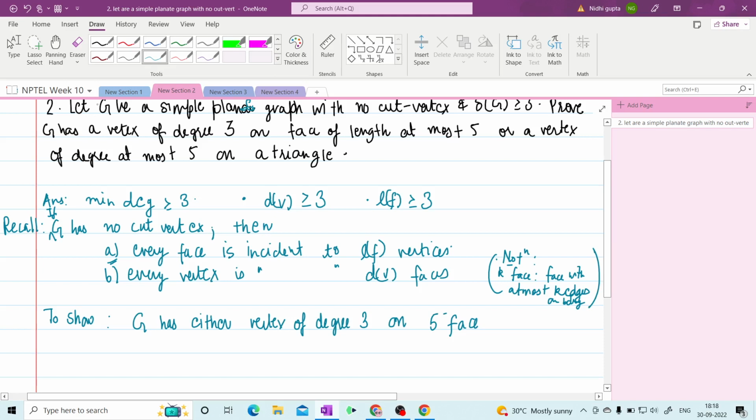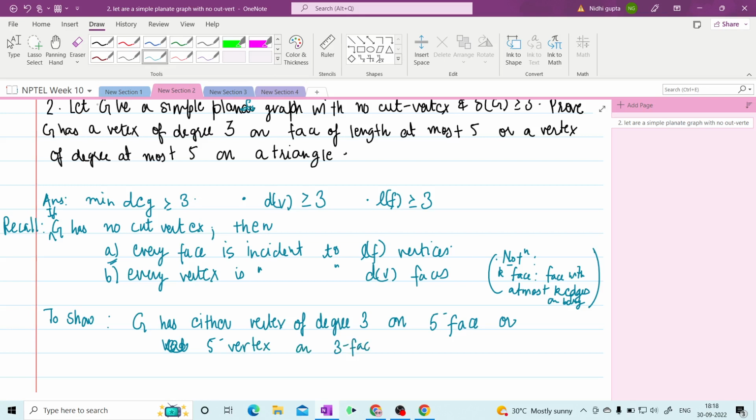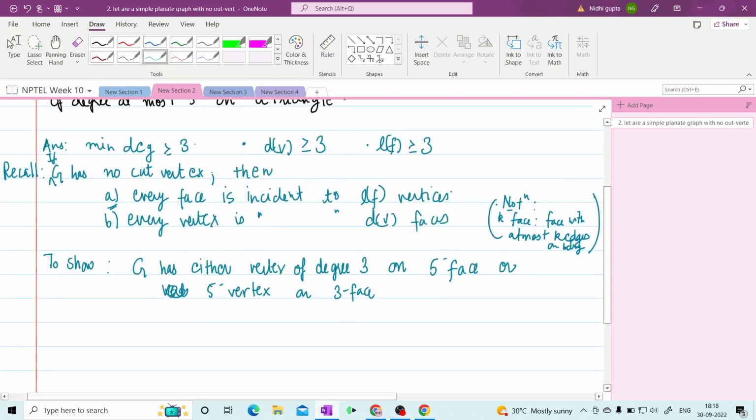So we have to show that G has either a vertex of degree 3 on a 5 minus face, or a 5 minus vertex on a 3 face, which is a triangle. We see that this question is very much symmetric in faces and vertices.